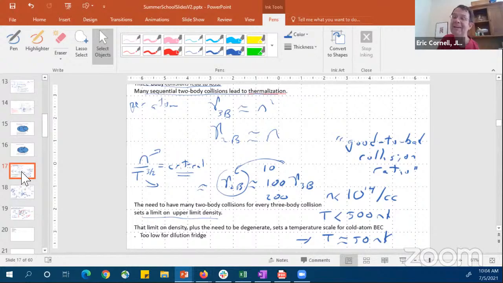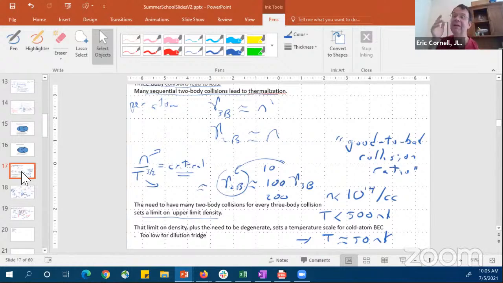You can't get to these temperatures in a helium dilution refrigerator. It turns out that if you are working with hydrogen and not a heavy alkali, the corresponding temperature is actually quite a bit higher, but they're still lower than you can conveniently get to with a helium dilution refrigerator.